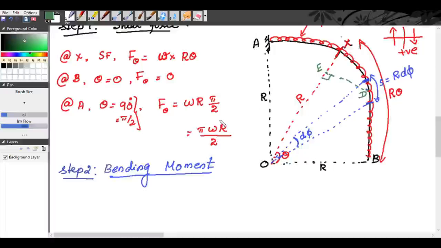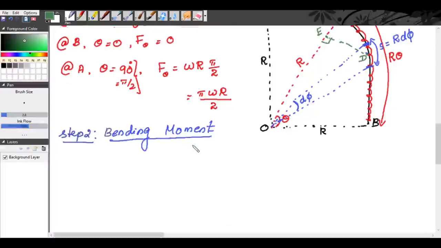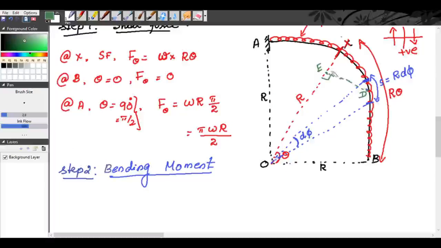Now for the bending moment, as I told you in the last class for the previous problem, when you are considering the bending moment for a section, right clockwise and left anti-clockwise becomes negative. Here, the load of the stripe is to the right of the section, acting downwards, so the bending moment is negative.